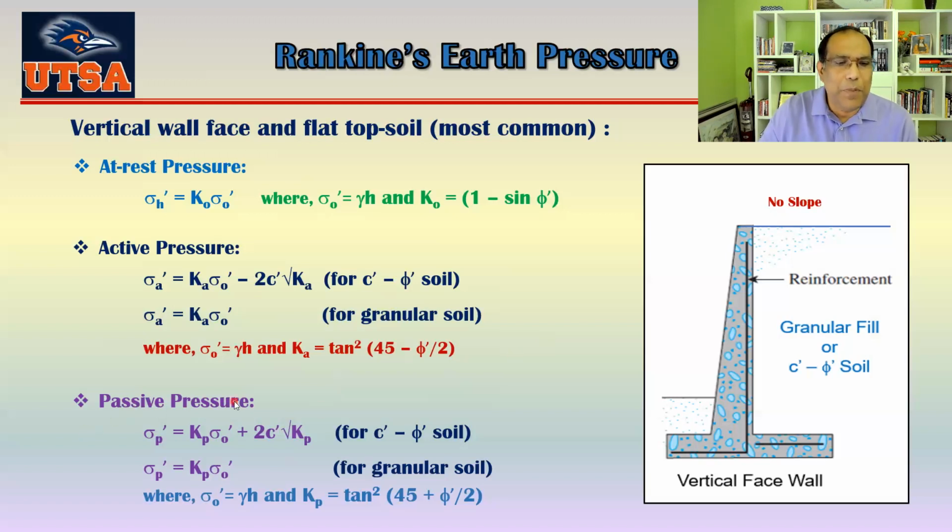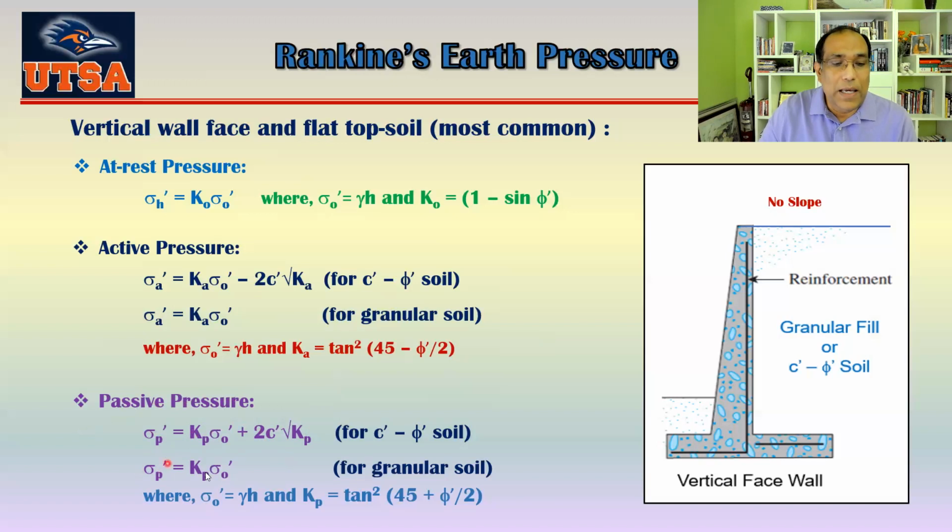Here is your passive pressure. Your passive pressure is Kp sigma naught prime plus 2C prime root Kp. And once again, if this is granular soil, then your C prime would be 0.